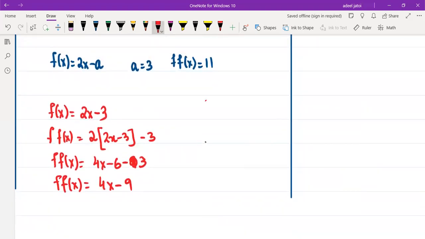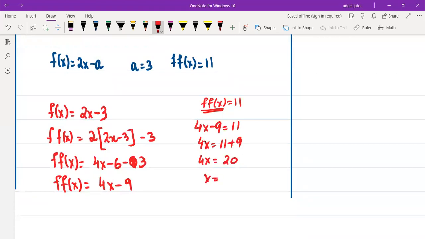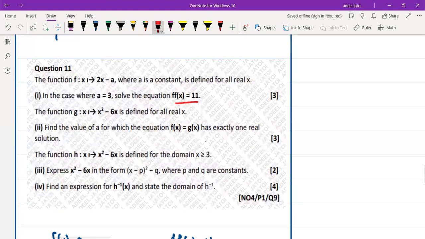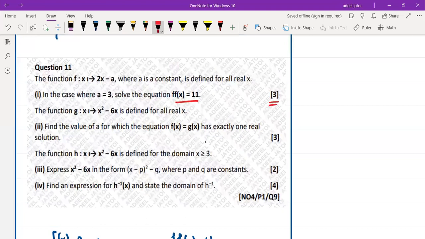So f(f(x)) is 4x minus 9 is equal to 11. 4x is equal to 11 plus 9. 4x is equal to 20. x becomes 20 upon 4, which means x is equal to 5. So this is the answer for part 1, which is of 3 marks.